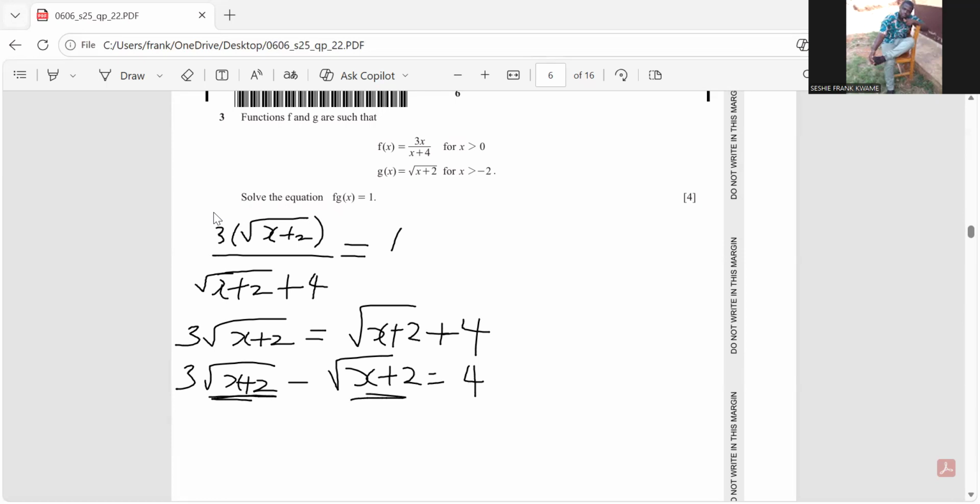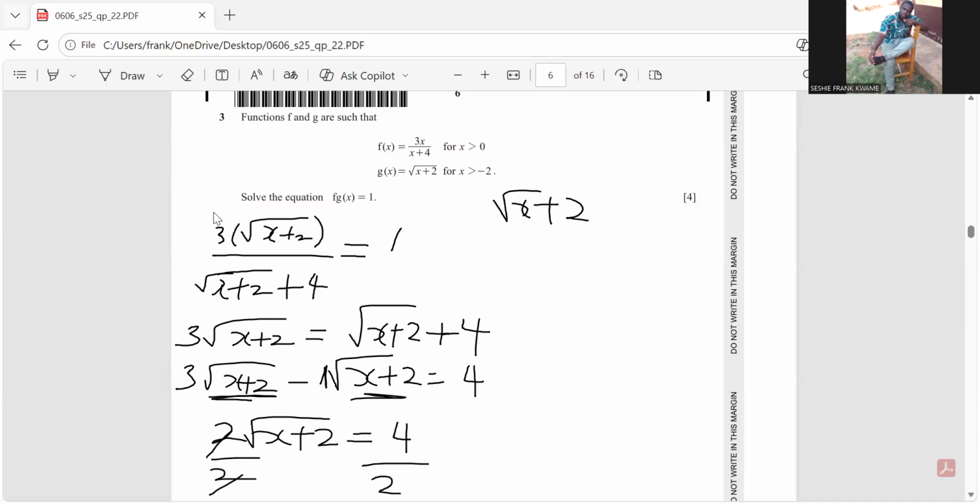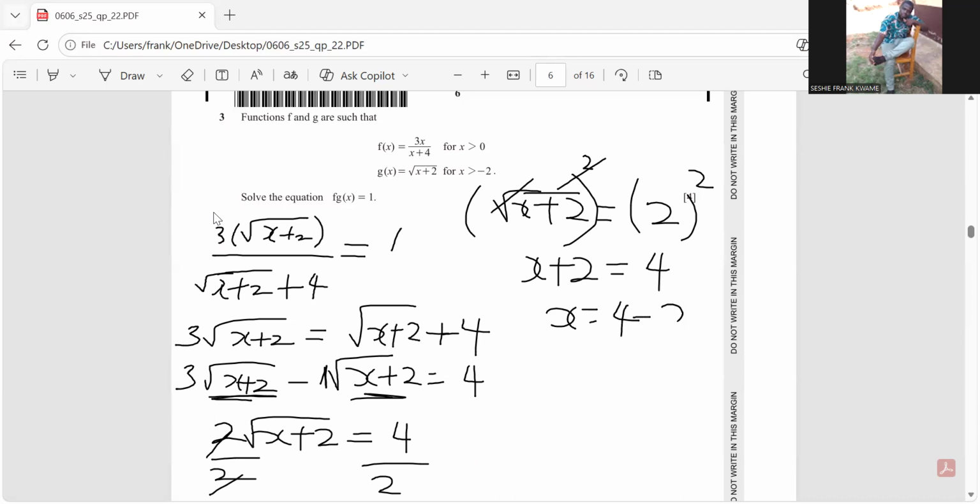These are the same, so I'm just going to subtract the coefficients, 3 minus 1 is 2. 2 root (x plus 2) is equal to 4. Divide through by 2, so root (x plus 2) should be equal to 2. Square both sides, the square takes off the square root. You can say x plus 2 is equal to 2 squared, 4. So x becomes 4 minus 2, so x is 2. Done with question number 3 for 4 marks.